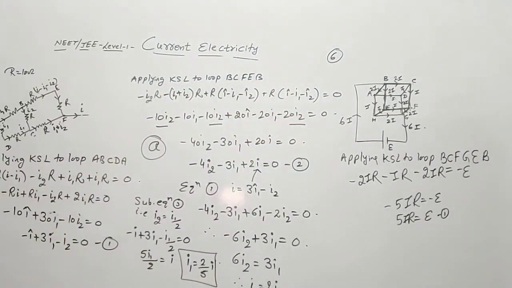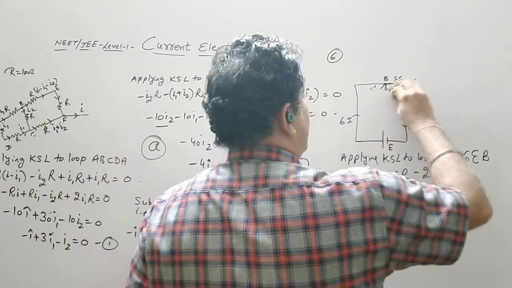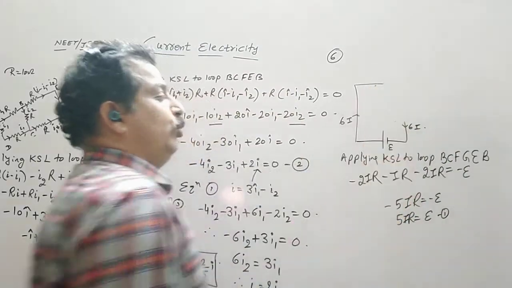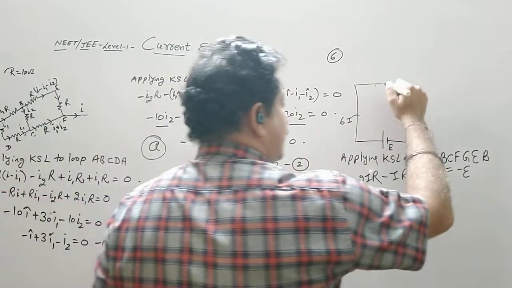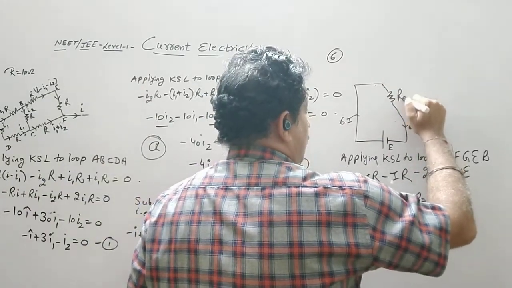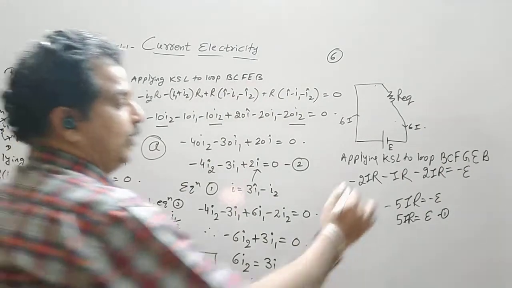Now let us assume that this entire skeleton of the cube is replaced by an equivalent resistance. So we remove that entire cube skeleton and we replace that skeleton of a cube by an equivalent resistance R equivalent. Now we apply Ohm's law.